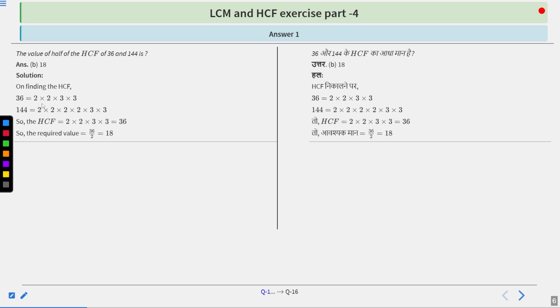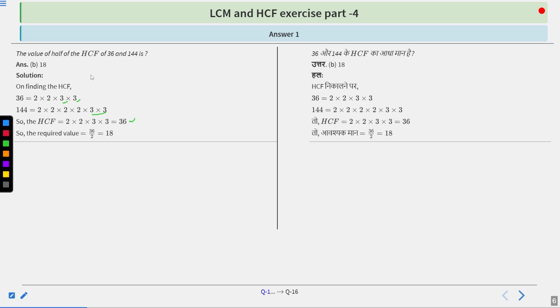So the least power is considered, that is 2 into 2. For 3, it is present 2 times in both, so we take 3 into 3 also into consideration. Then HCF equals 2 into 2 into 3 into 3, that is 36.